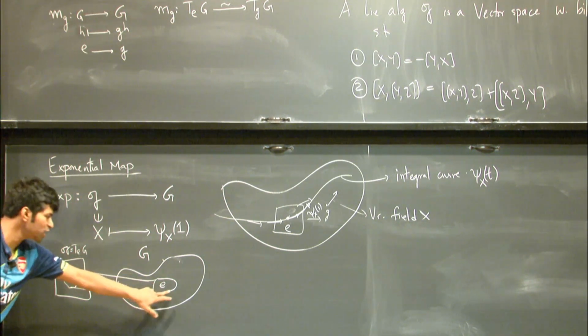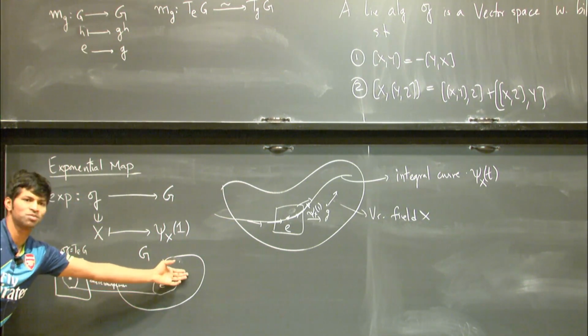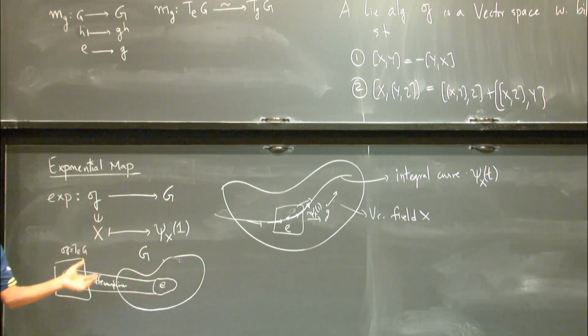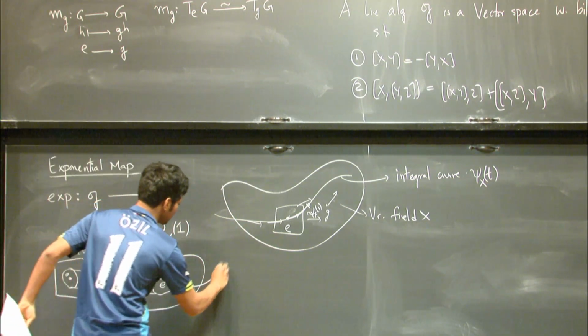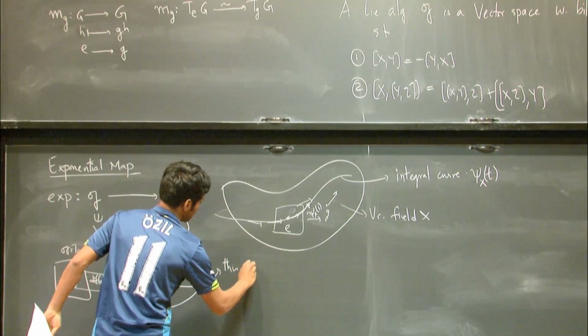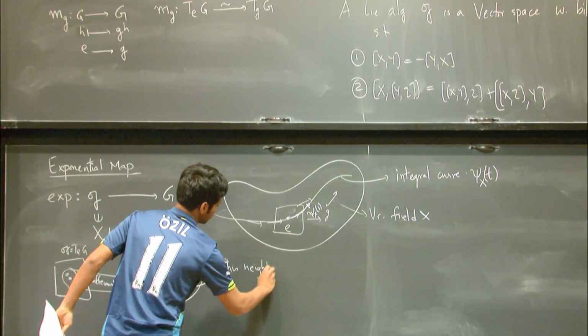If I multiply 2 elements which are inside the small neighborhood, I will end up with something outside. And you multiply, you will propagate to get the whole group. So what I'm going to say is that this neighborhood generates the group.